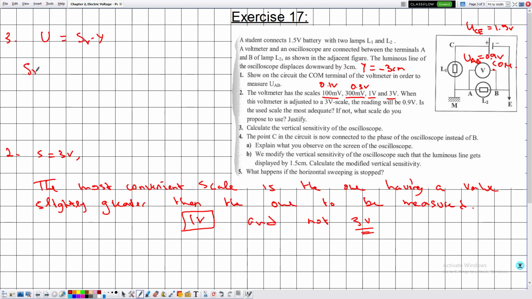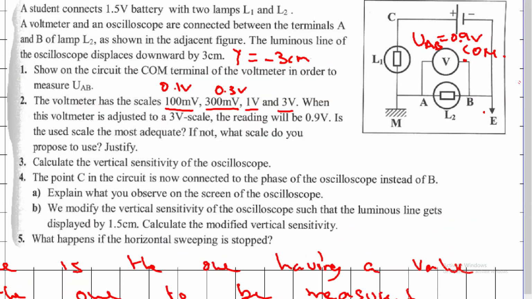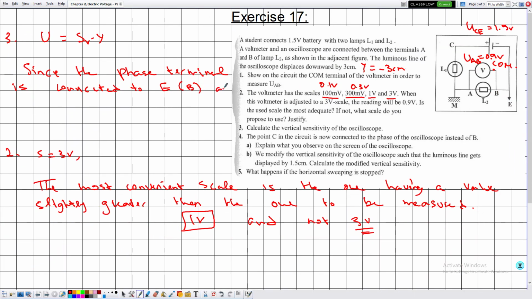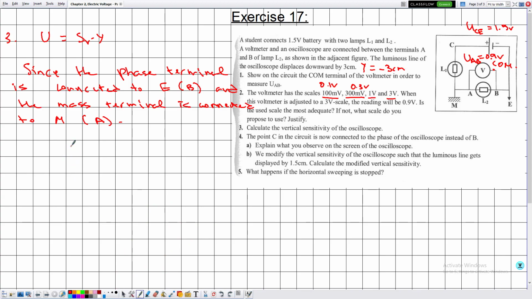Since the phase terminal is connected to E, the point E is considered the point B, and the mass terminal is connected to M, which is the point A. Then the oscilloscope measures UBA.